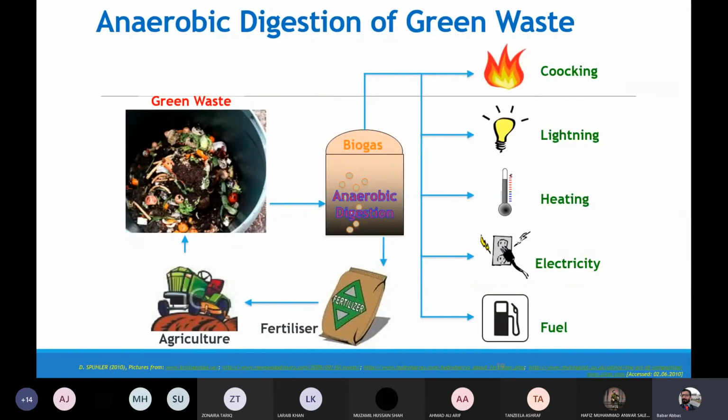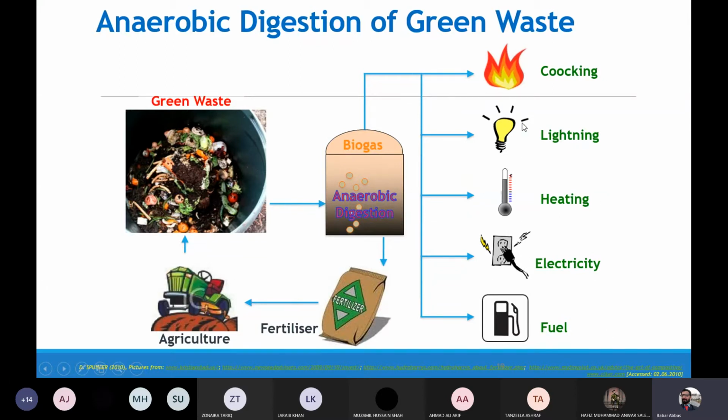Anaerobic digestion of green waste is a multi-stage process. We already have discussed this in various figures. We will briefly discuss those processes once again. This is the raw material which is being added to this airtight vessel or the reactor. Here we have biogas, which can be utilized for cooking, lighting, heating, electricity and fuel.